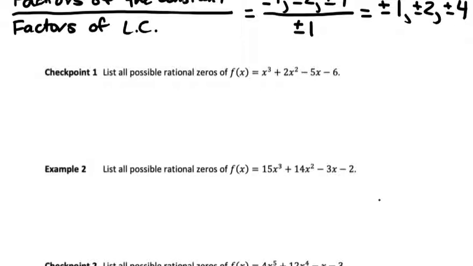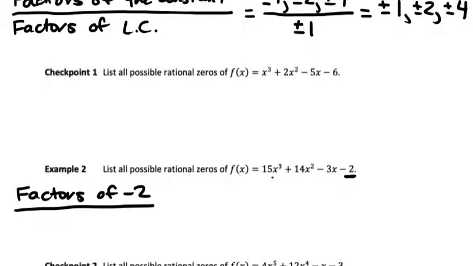So next we're going to look at example 2. For this one, my constant term is negative 2. So we're going to put factors of negative 2 in the numerator. My leading coefficient is 15.